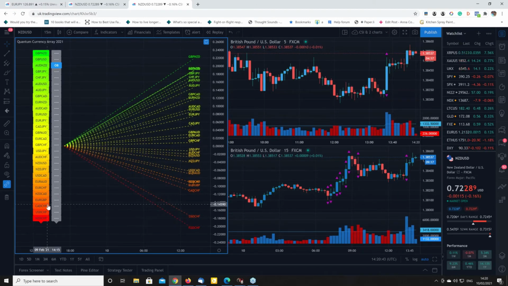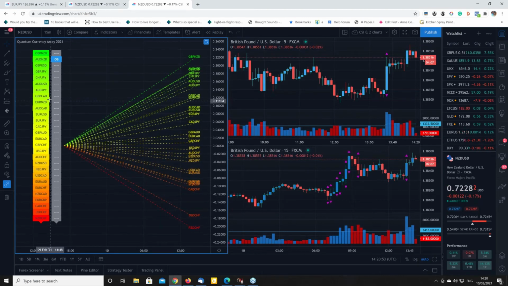faster time frames. But then equally down the right-hand side here of the column, the second column, what this signals is whether a currency pair, it actually gives you a signal as to whether a currency pair is approaching or at an overbought or oversold state.